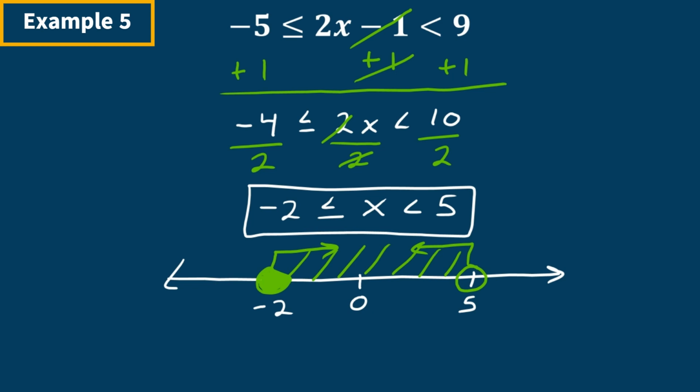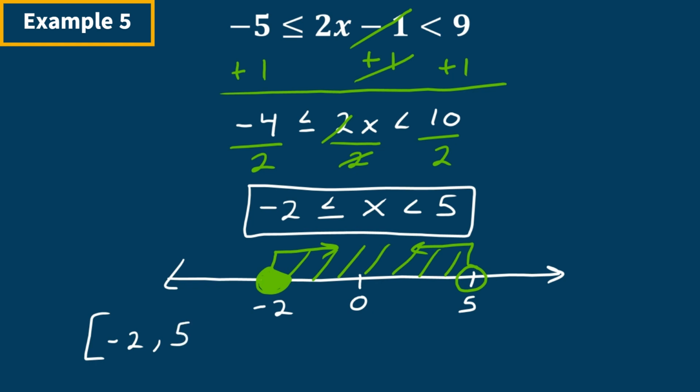Now let's look at the interval notation. We're going to have two different kinds of sets here. Looking at the left-hand side, we know that negative 2, x can equal that. So we're going to have a bracket at negative 2, and we're saying that it can go up to 5.